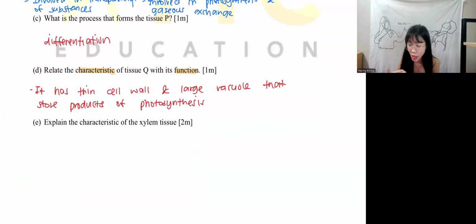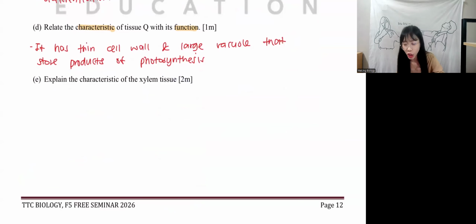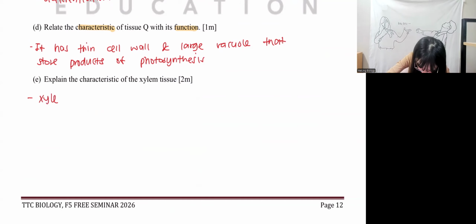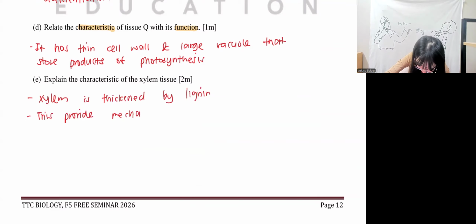Besides lignin, what can you write? You can say that they have an elongated and hollow tube. Elongated and hollow tube is for the plant to transport more water and mineral. So we're going to say xylem is strengthened by lignin. This provides mechanical strength and support to the plant.